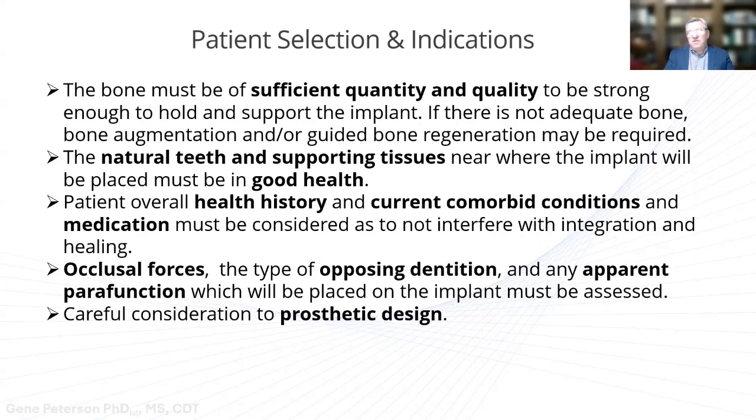Overall, the natural teeth and supporting tissues near where the implant will be placed must be in good health. Again, we talked about, are they going to learn how to take care of their teeth now if they have an implant, if they didn't before? Well, that's something as a clinician you have to deal with your patient. Patient's overall health history and current comorbid conditions and medications must be considered. That should not interfere with the integration of the implant.